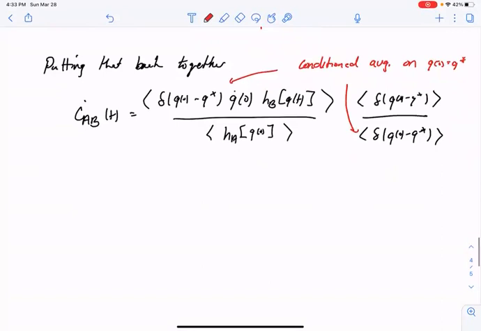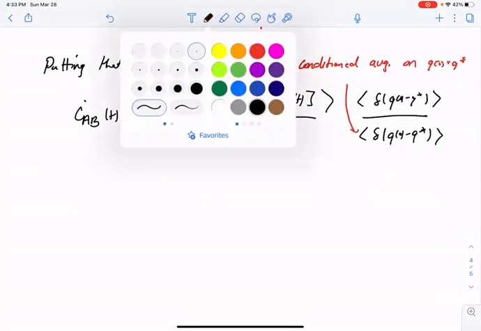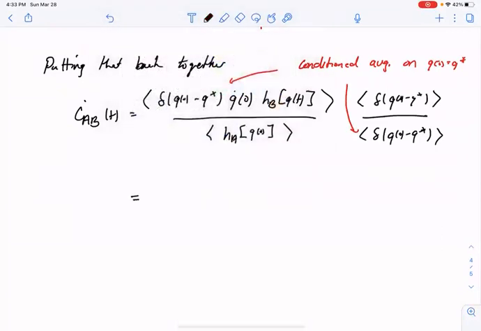So I could then rewrite that in the following way. This first term, the conditioned average, is the condition. So let's write this in two pieces.